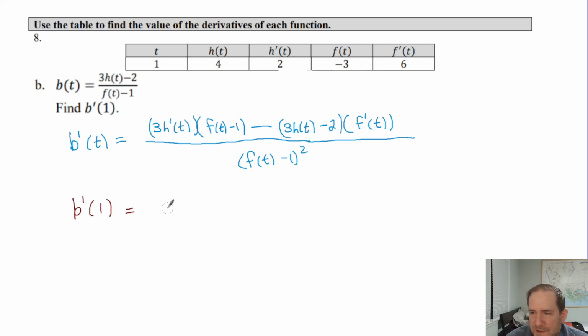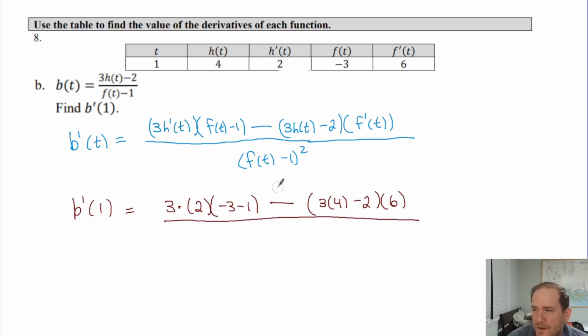Okay, so that'll be 3 times h prime of 1, that's a 2. And then you'll multiply that by f of 1, which is negative 3, minus 1. Then a minus sign. Then a 3 times an h, which is 4, minus 2. F prime is giving 6. Okay, all over f of 1 is negative 3 minus 1, and we're going to square that.